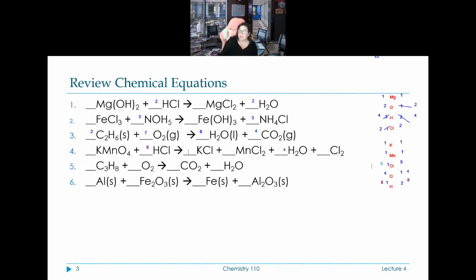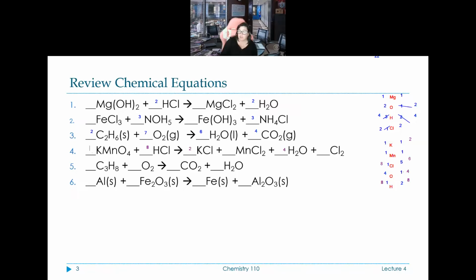So I'm going to fix this by putting a 2 here. Okay, I put a 2 there. Now that means I have 2 Ks here. And I have 2, 4, 2, 4, 6 Cls. Still not what I need, but it's headed in the right direction.